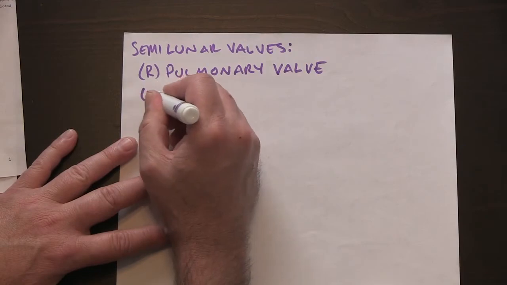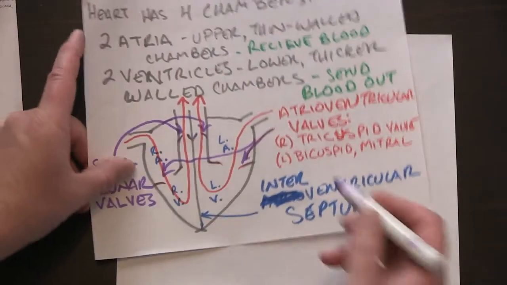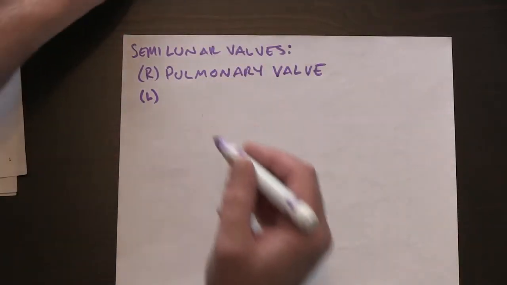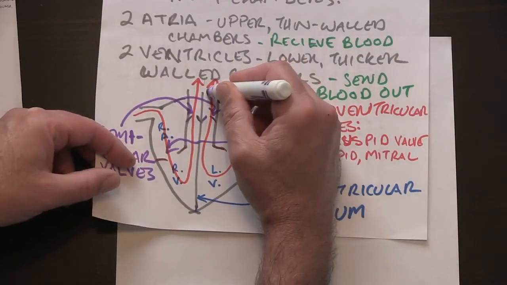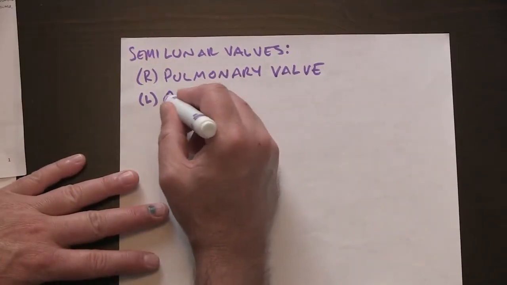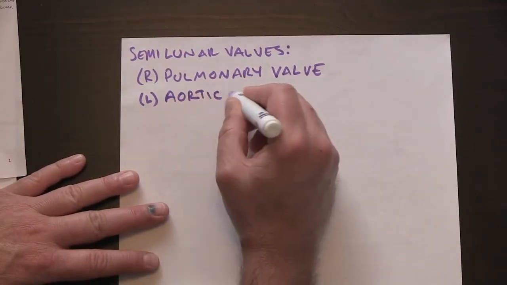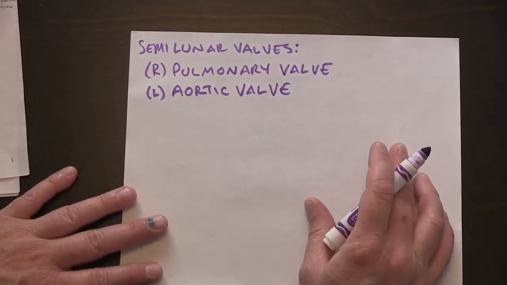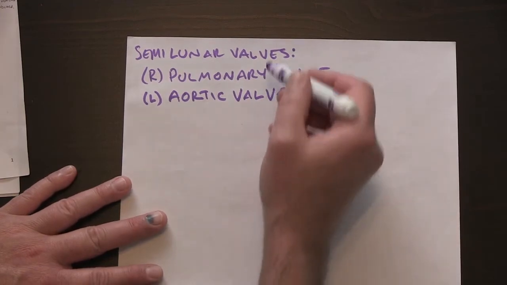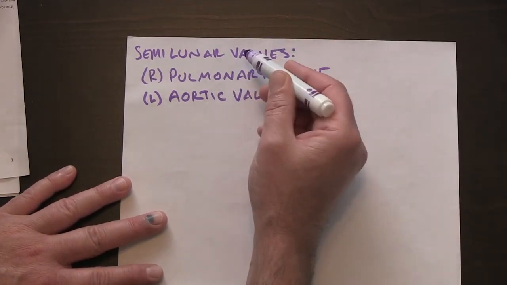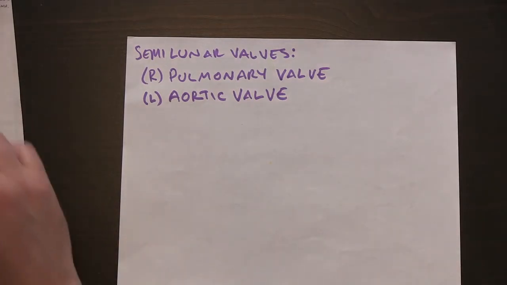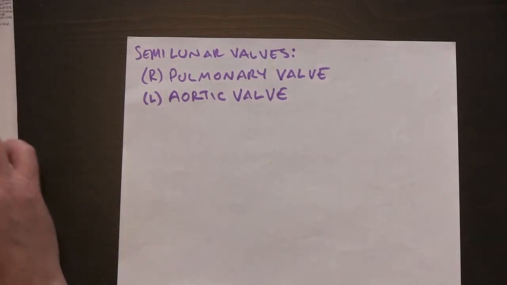And on the left, this blood is going out to the body, and so this is the aorta here, or will be the aorta. This one's called the aortic valve. Some people get in the habit of saying the pulmonary semilunar valve and the aortic semilunar valve so that they can get it straight in their head. It's technically more correct to say it that way anyway.